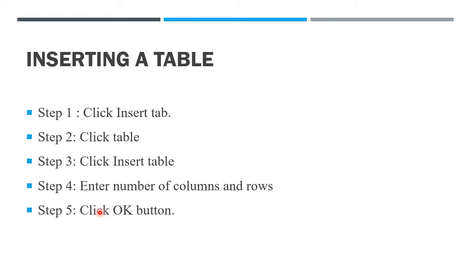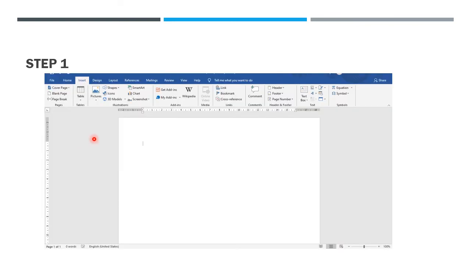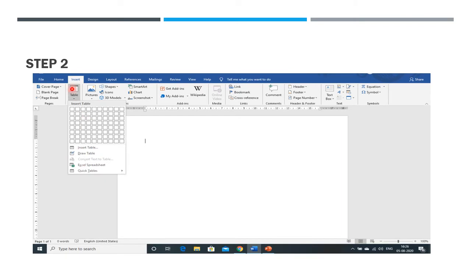Come, let's see how to insert the table. See, this is the Word screen. In that Word screen, select the Insert option. In the Insert option, click the Table icon. After you click the table, see, there are so many options there.